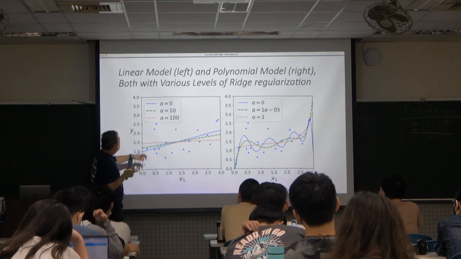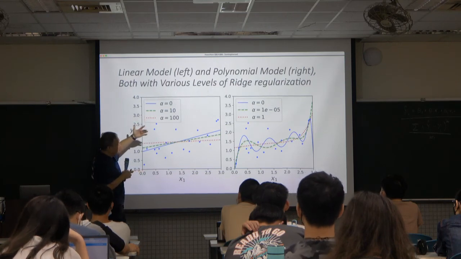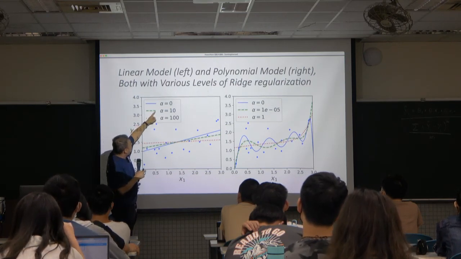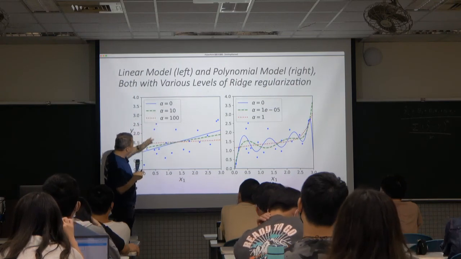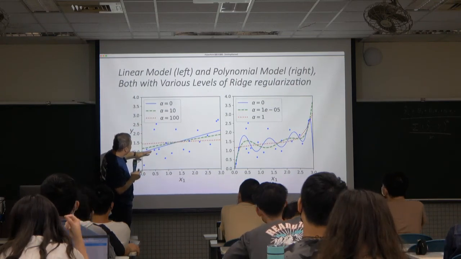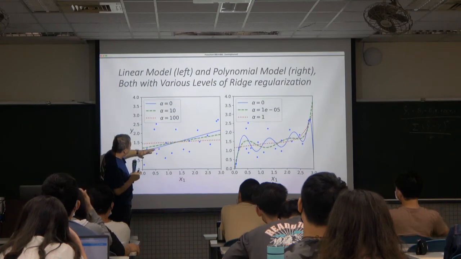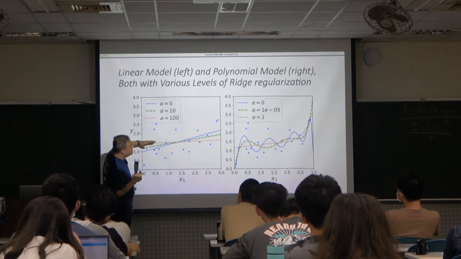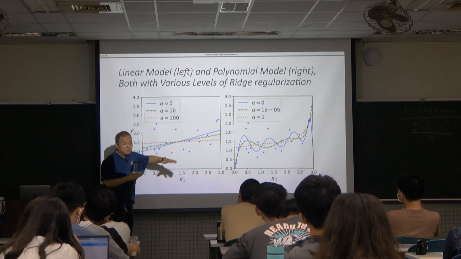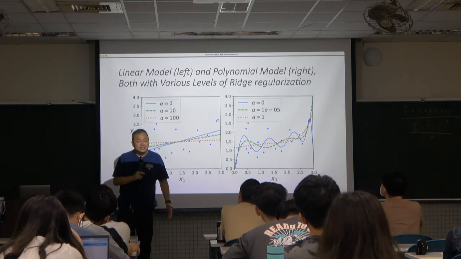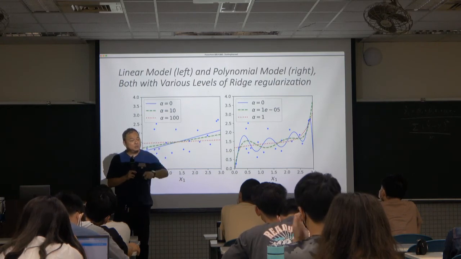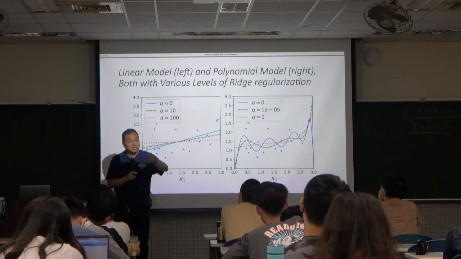For the linear situation, where alpha increases from 0 to 100, you can see that the linear equation becomes more and more flat. What does that mean? A flatter linear equation means the slope is close to 0.